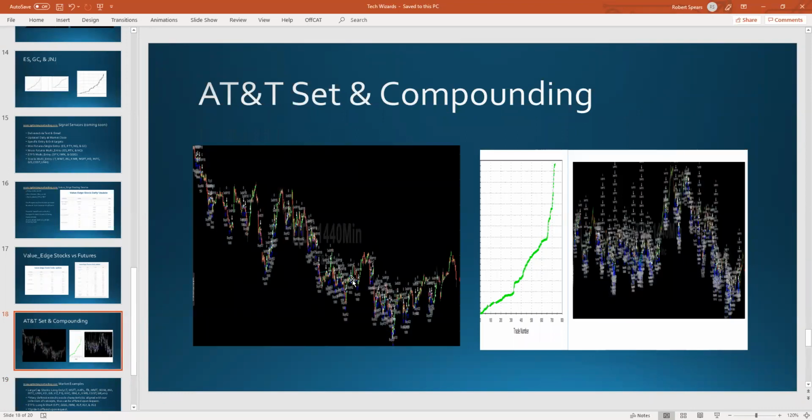Yeah, so the chart on the left is the same concept as the chart on the right. It's the same model, right? The only difference is on the chart on the right, we've applied a dynamic and compounding money management plan, as well as multiple entry.